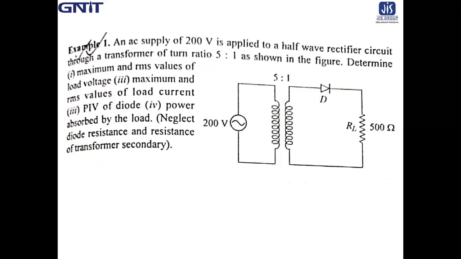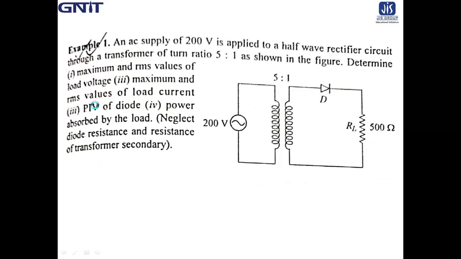Next I move to a problem, and this type of problem is very popular and usually comes in the semester examination. The problem is like this: an AC supply of 200 volt is applied to a half wave rectifier circuit through a transformer of turn ratio 5:1.